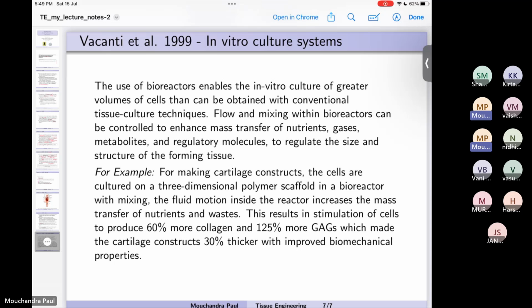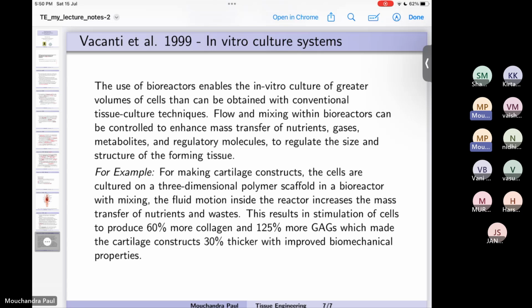For that kind of setting, people are engineering different kinds of bioreactors. Through bioreactors, you can create large volumes of cells, much greater than what you will get from your lab scale cell culture techniques.